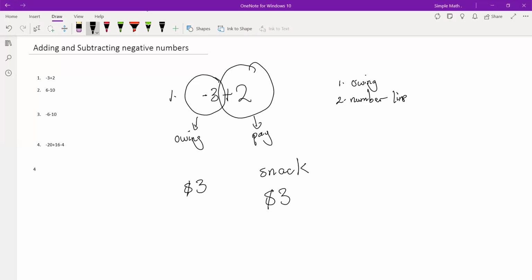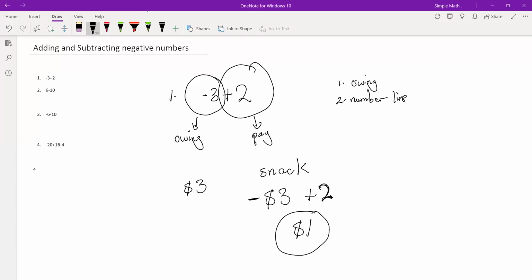So it costs $3, so that's how much you're expected to pay. But then you pay just $2. You still have $1 remaining to complete the transaction, to buy the snack. So $1 is being owed. In this situation, you are the one owing. You're owing $1.